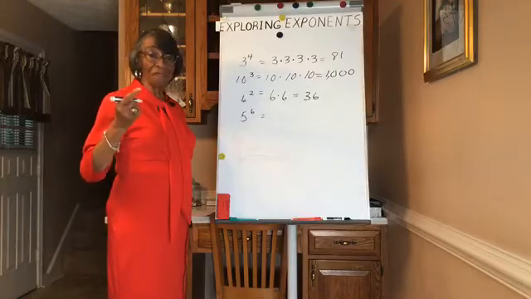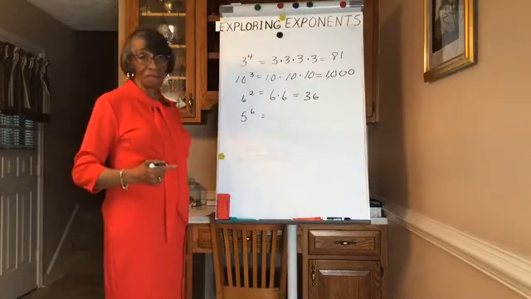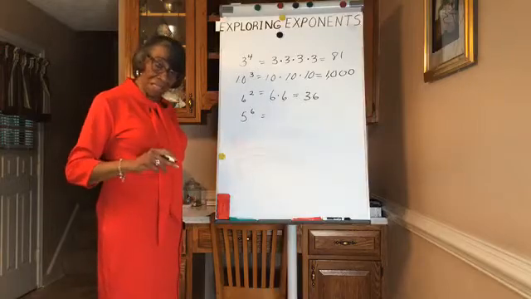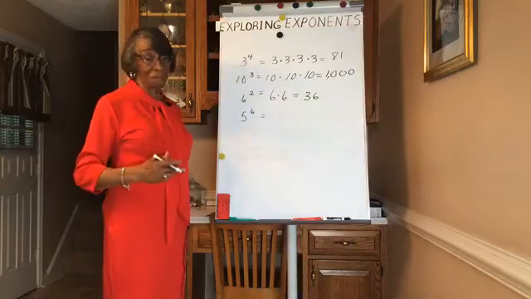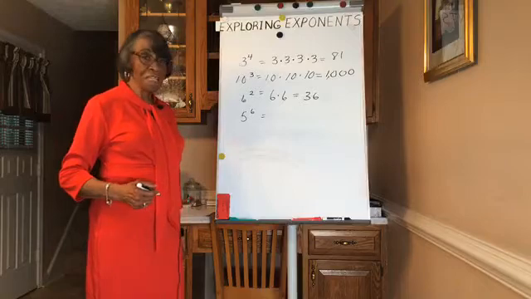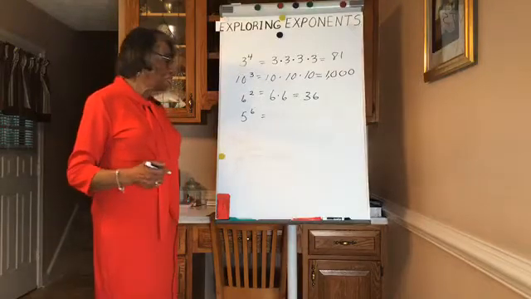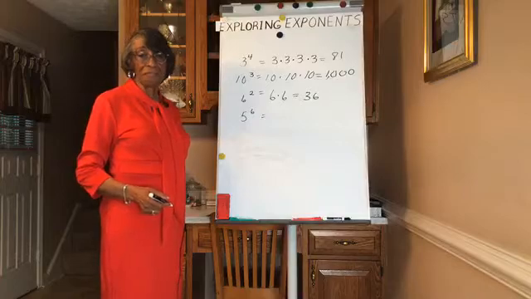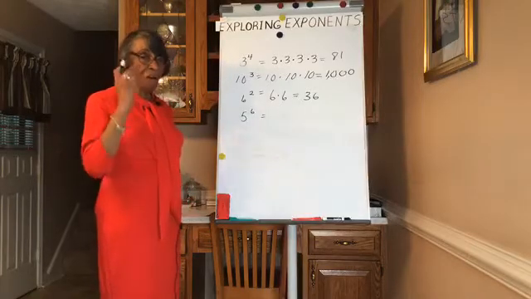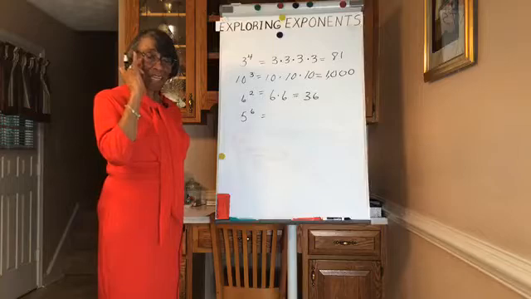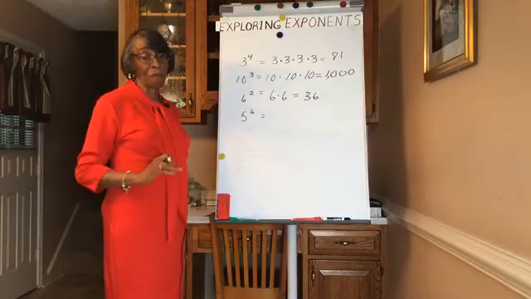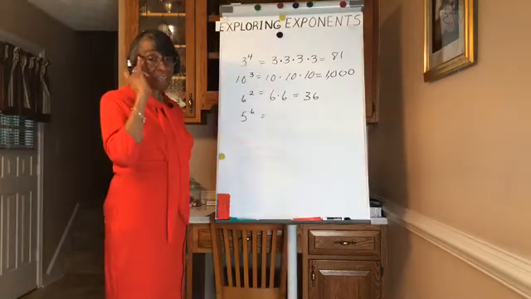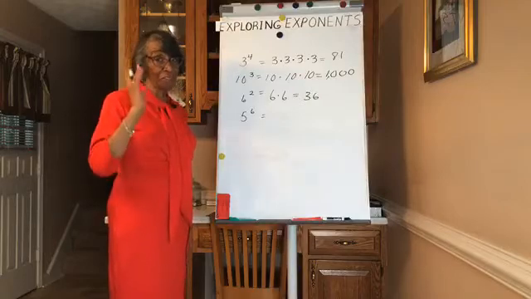That means 5 is a factor 6 times. 5 is being multiplied by itself 6 times. Okay. So I might let you use your calculator for that one, if you'd like. But it's always best to use this brain as much as you can. You'll find that this brain is pretty good if you learn to use it.